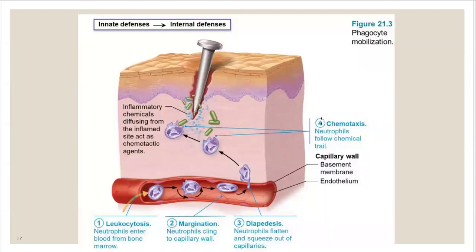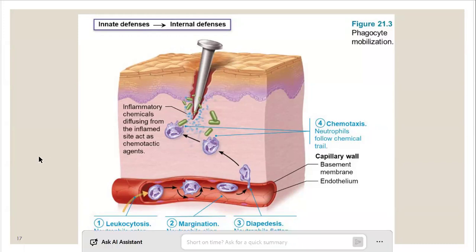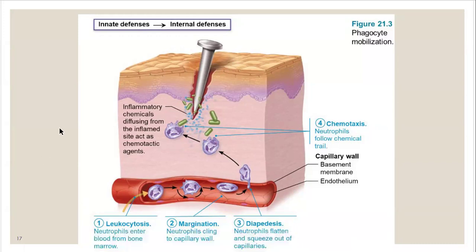All right, so here is an example. So you have a puncture, it allows the bacteria in, that triggers the inflammatory chemicals to diffuse and initiate the immune response. So the first thing that happens is you have your leukocytosis.